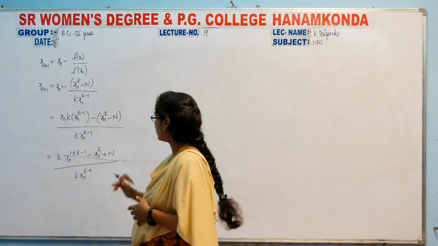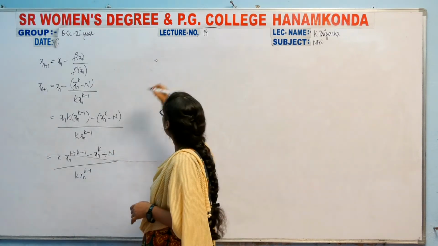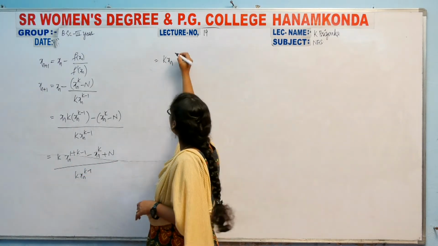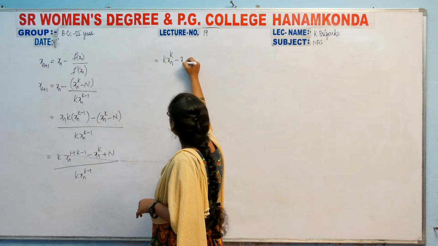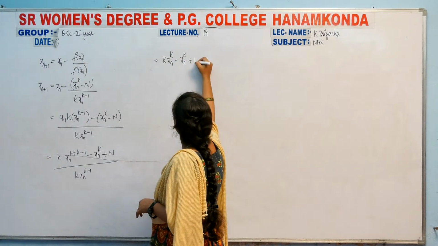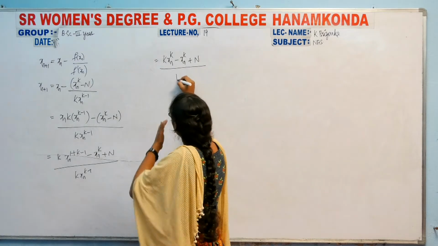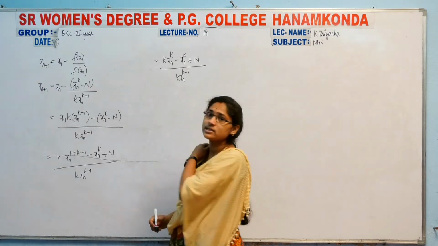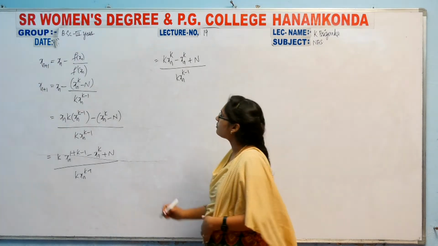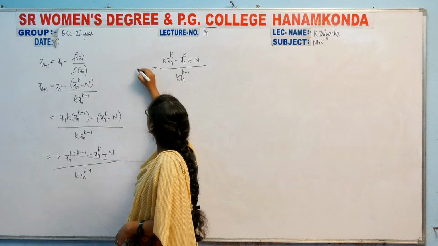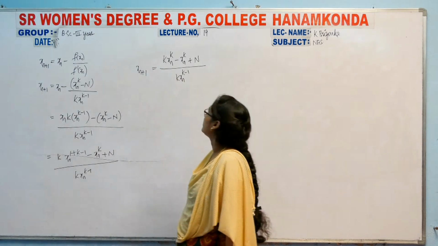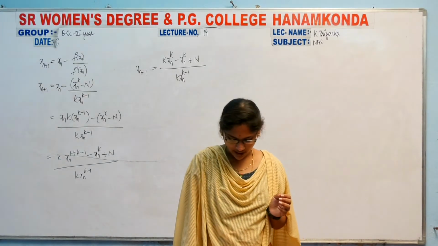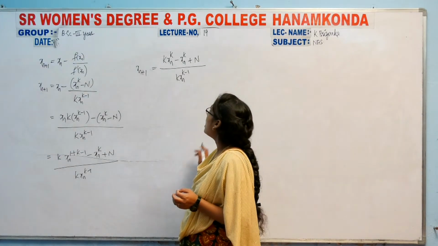Right? Now here k xn power k, the first terms get cancelled. Now it is k minus 1 into xn power k plus n, by k xn power k minus 1. This is nothing but the required value of x(n+1). Clear?